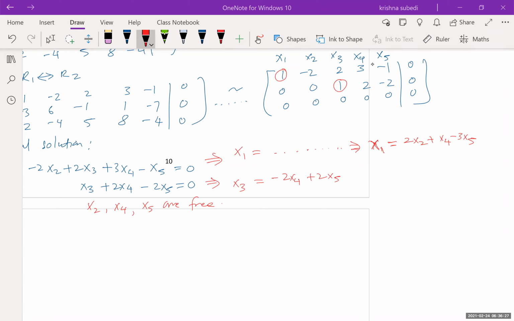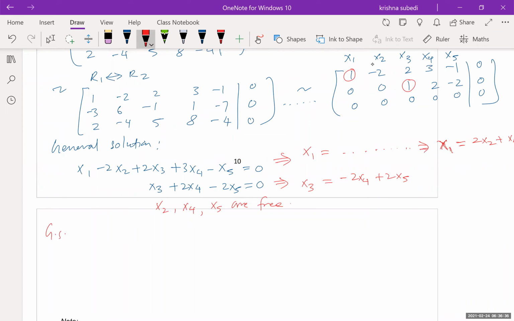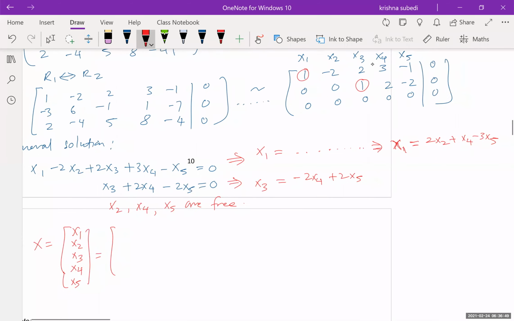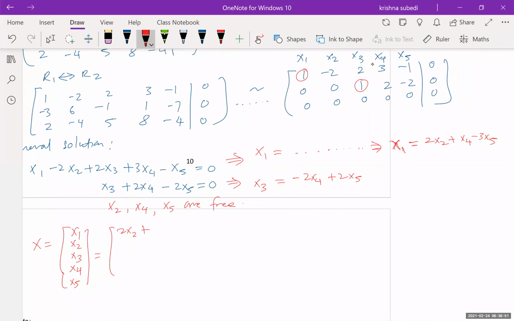Now we express the basic variables. The basic variables are x1 and x3. We express them in terms of free variables. Therefore, our general solution can be written as x equals x1, x2, x3, x4, x5 equals, x1 means 2x2 plus x4 minus 3x5. X2 is free, I just write x2.